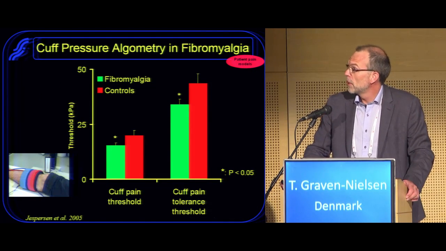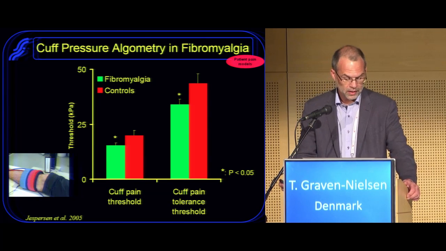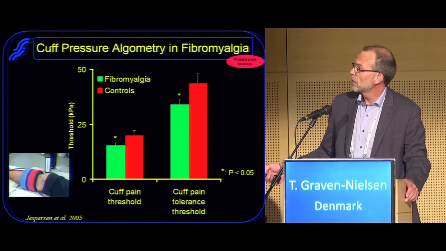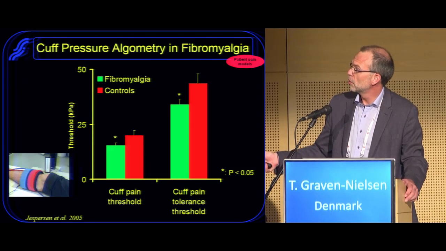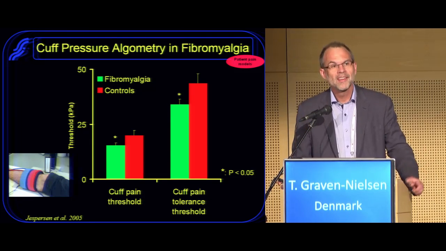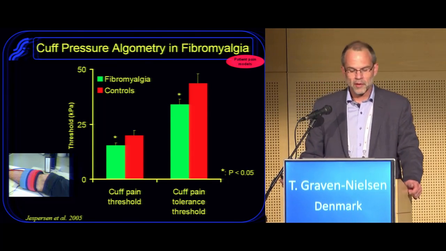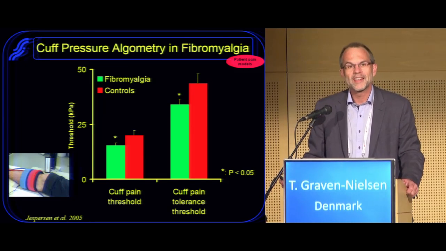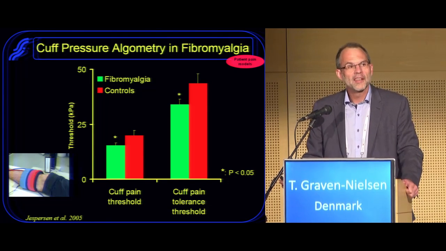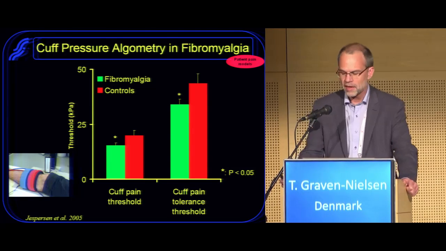In fibromyalgia patients, this has also been used, as illustrated here, where we have a very significant reduction of the pressure pain thresholds, both on the thresholds to the cuff stimulation and also to the tolerance. And please note again that when we stimulate on the lower leg, this is not an area where the fibromyalgia patients normally will complain of clinical pain, but this is an area outside the normal pain area.